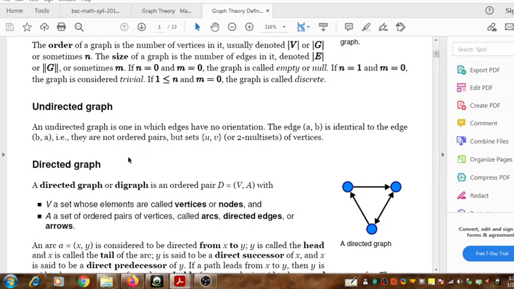Undirected graphs, as we have mentioned above, are graphs in which edges do not have directions.